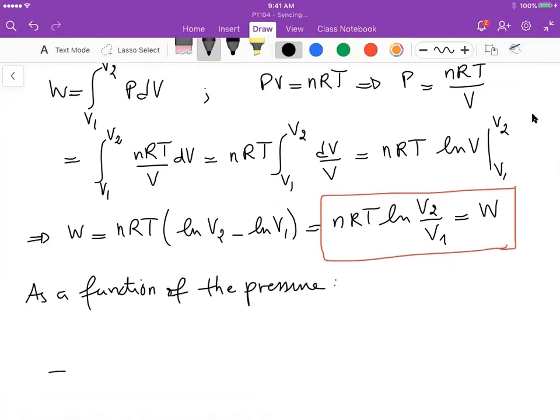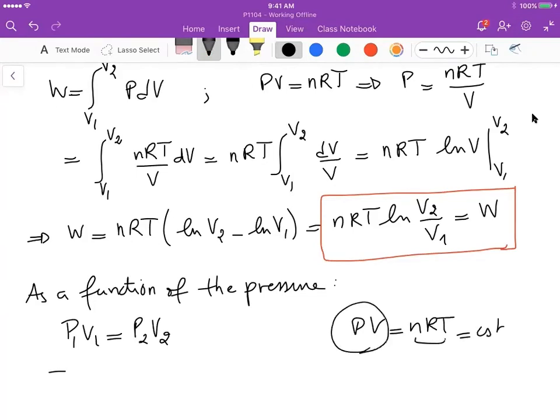Since we have an expansion at constant temperature, it means we can write P1 V1 equals P2 V2, because from the ideal gas law PV equals nRT. Since T is constant here, PV is equal to nRT, and since T is constant, this is all constant. Therefore, if you look at the product between the pressure and the volume at any time, it is not varying, it is not changing. That means between the initial configuration and the second configuration, 1 and 2, this product is the same.